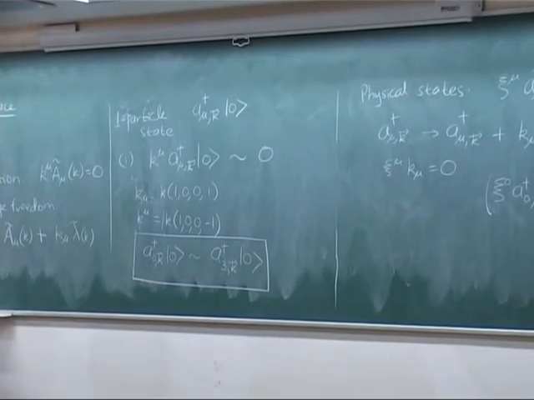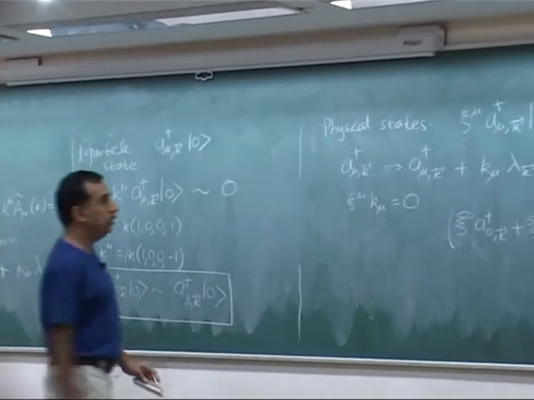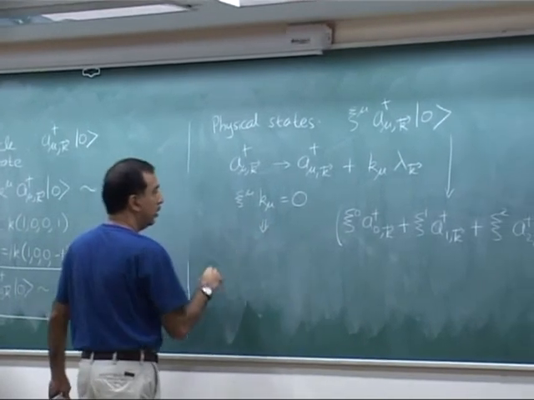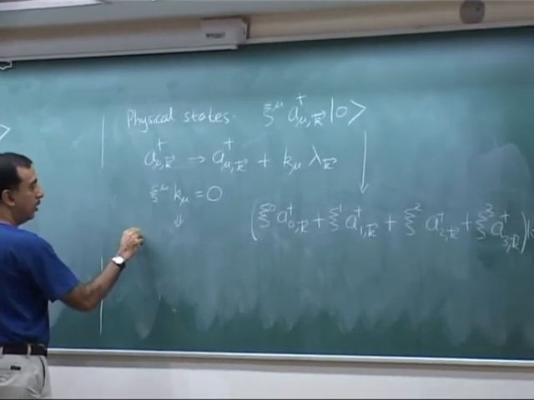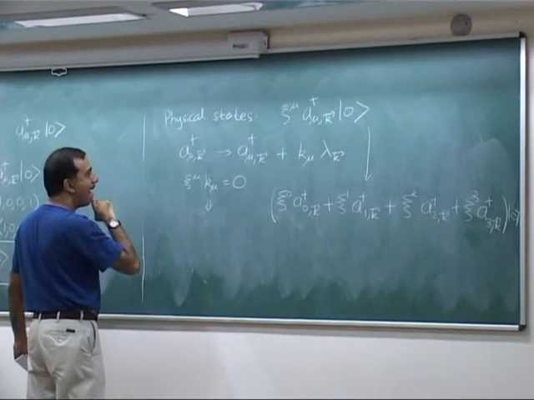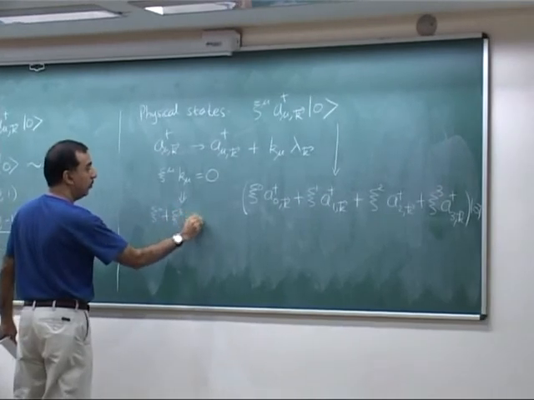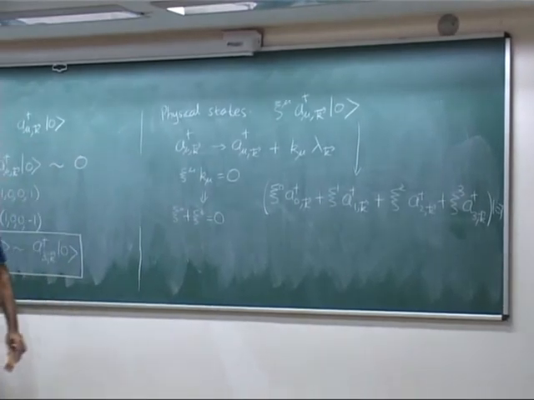First let me solve this equation. This equation tells me that psi 0 plus psi 3 equals 0 with my choice of k.